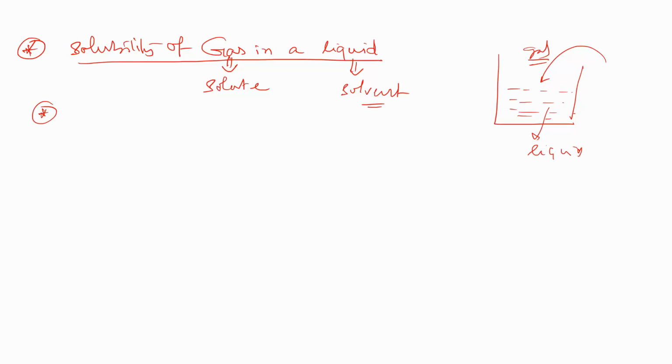Solubility of the gas increases with the increase of pressure. If I talk about the temperature, there is not too much effect on the solubility of gas in a liquid, but the most important effect is that of pressure.